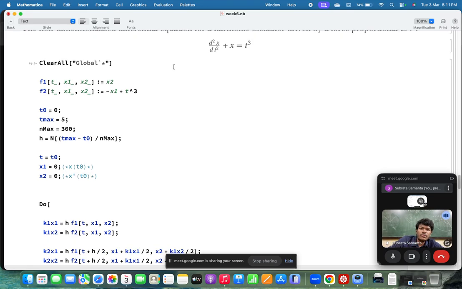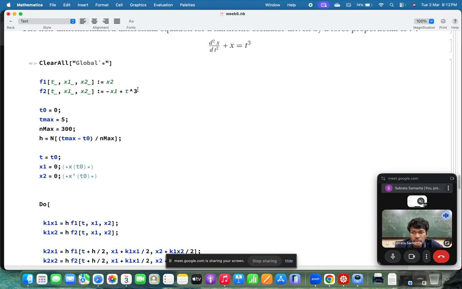So, again we can split these equations into two first order equations. The first one is basically dx/dt equals v. So, I just assign x1 and x2. So, x1 is basically my x, and x2 equals v, dx/dt. And so, the first function is basically x2, and the second function is basically minus x1 plus t cube.